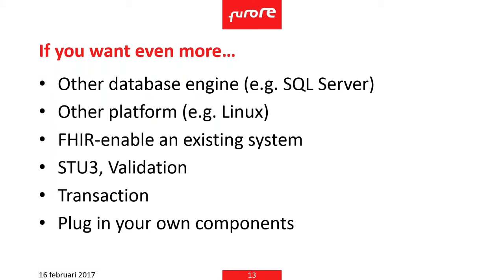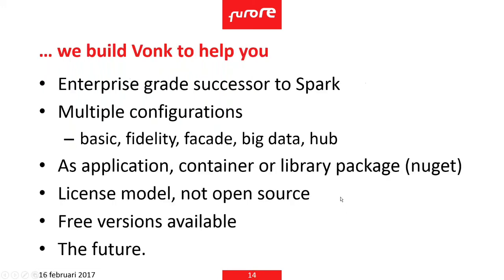As I showed you in the slide with the architecture, not everything is easily doable with Spark. So you can, but if you want to do more, that is possible, but not with Spark. If you want another database engine, for instance, SQL Server, or you want it to run on Linux, or you want to bolt it onto an existing system, or you want a new FHIR version, plug in your own components, as I drew it in the picture, then we offer Vonk to help you out.